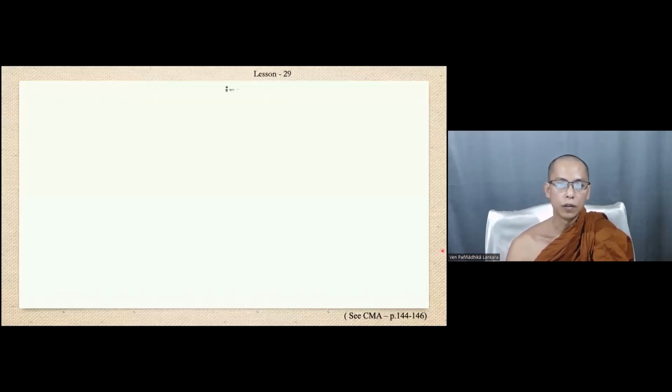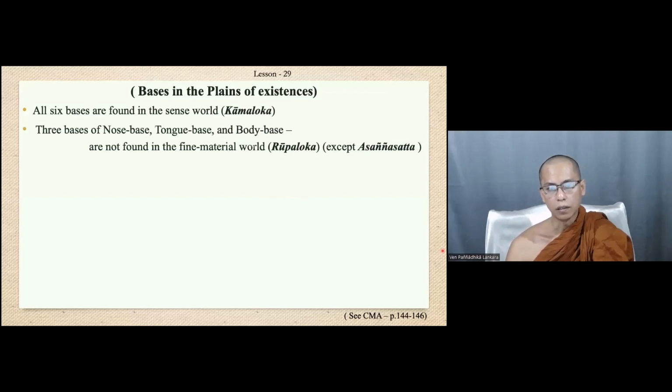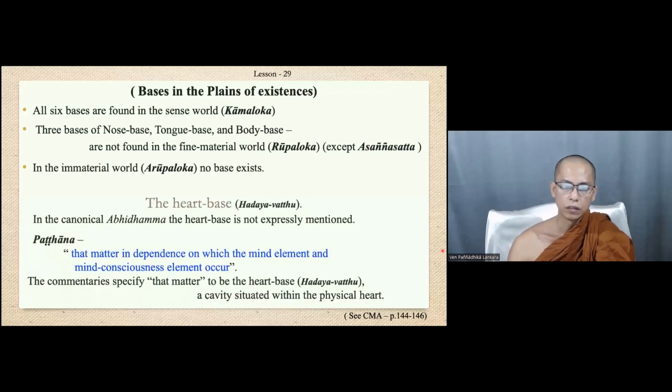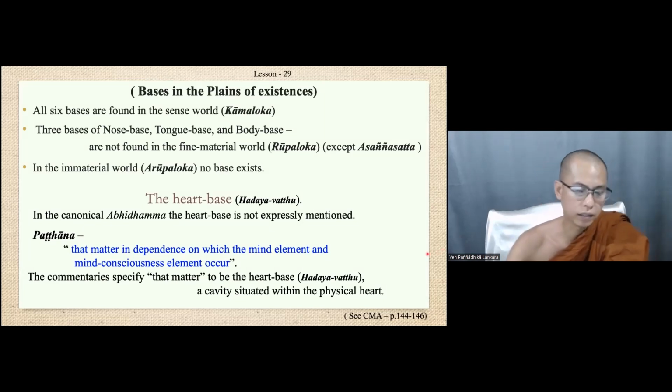Then let's continue to the 5 material sphere. But before we continue, to study the occurrence of materiality in the 5 material sphere, we have to review chapter 3. We studied that in lesson 29.